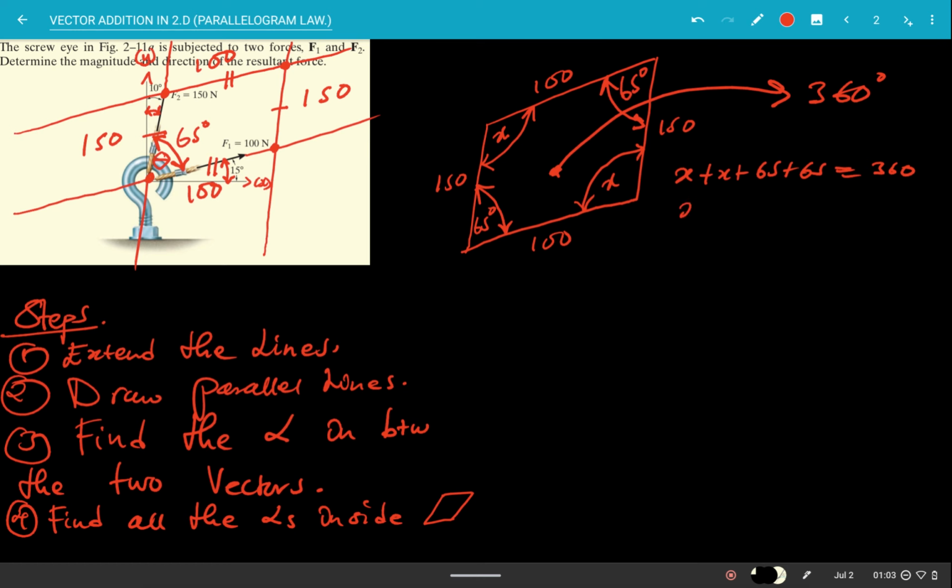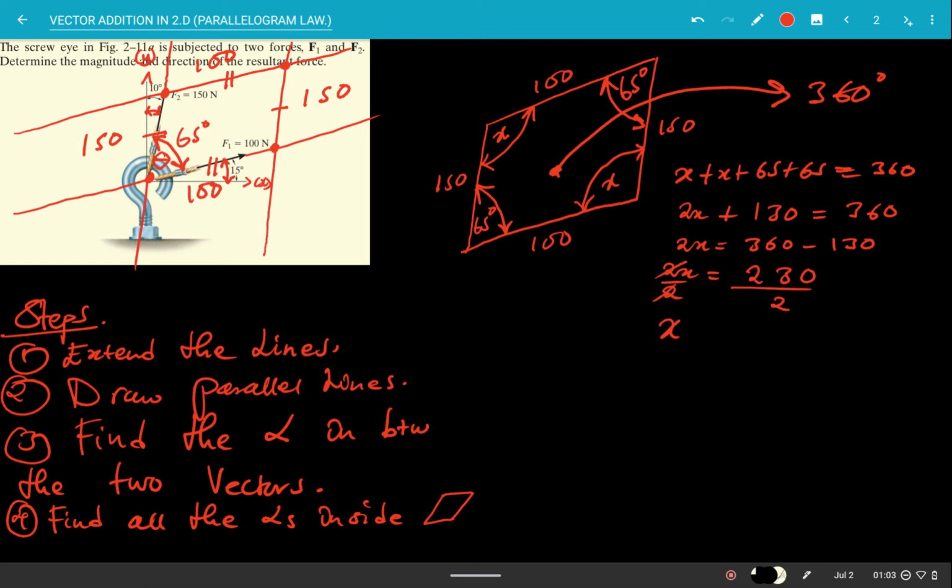So x plus x, that's 2x, plus 65 plus 65, we have 130, and this is equal to 360. So 2x is equal to 360 minus 130. That will give you 230, divided by 2.